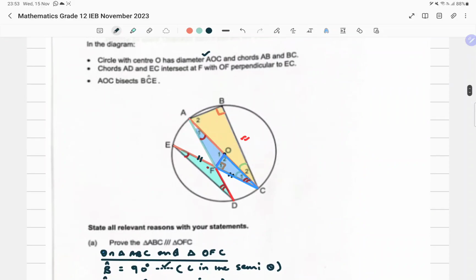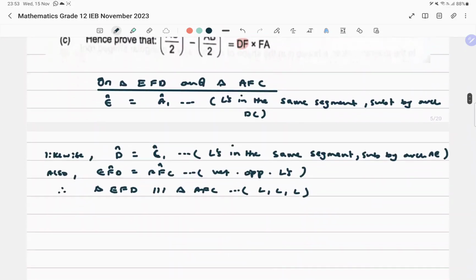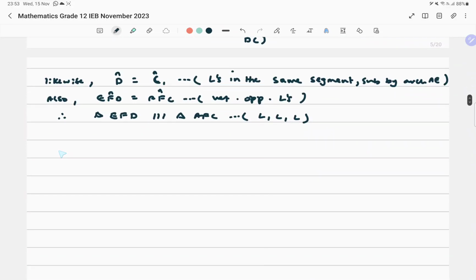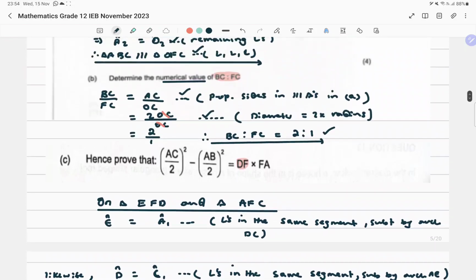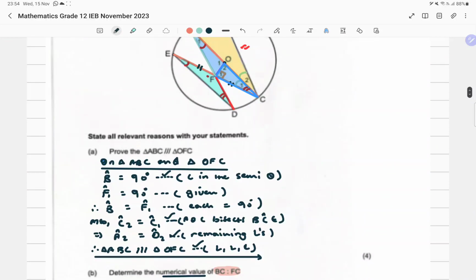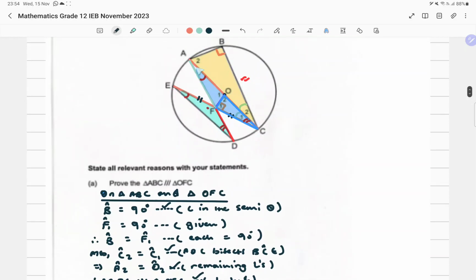So let's start with FD, since FD is there. So we can say this implies that FD, or did they write DF? Let's write DF. This means DF over, now DF on this triangle is opposite that angle E. Angle E is equal to A, and the side opposite A is FC.